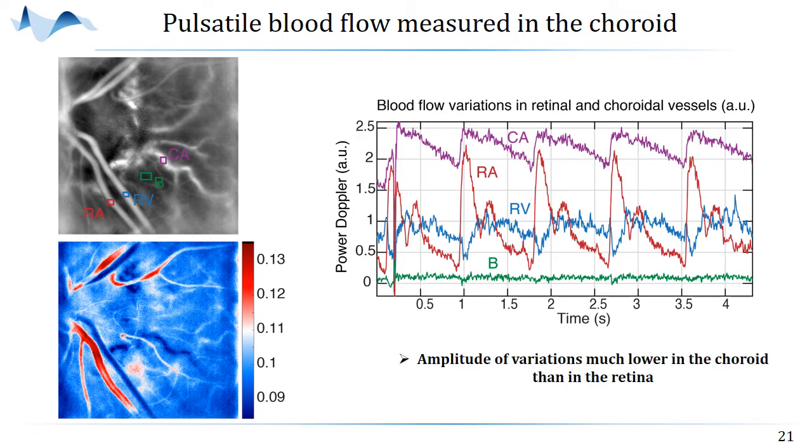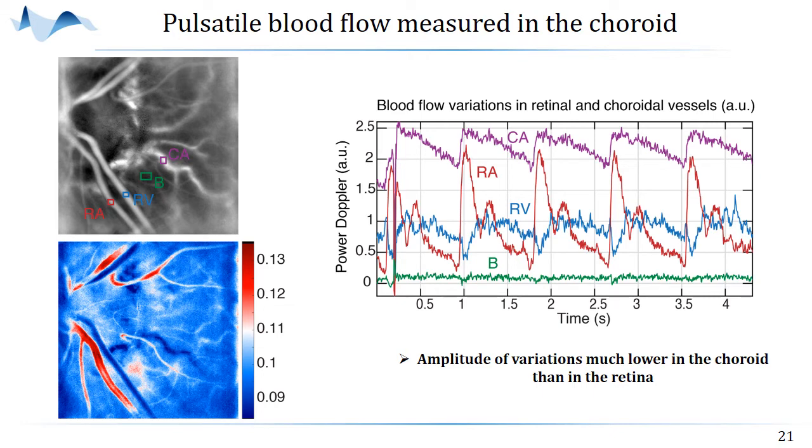So to this day we don't really know whether this is an artifact or a reality, as it might be that the multiple scattering in the choroid induces sort of an offset value that shifts the signal towards higher value and induces lower relative variations.